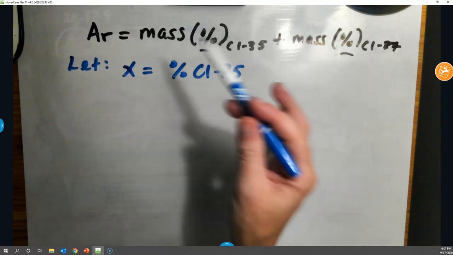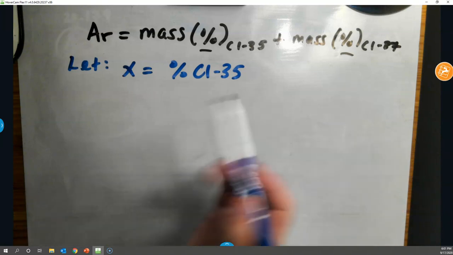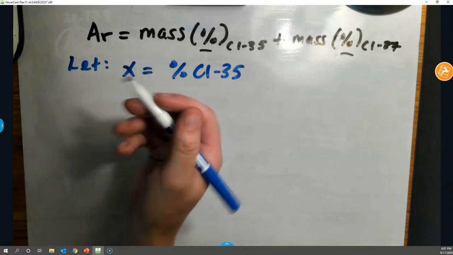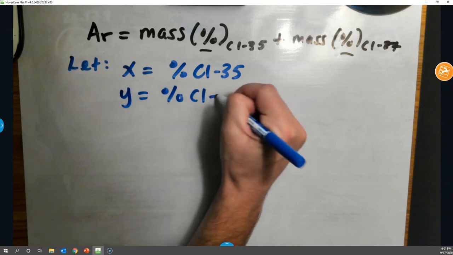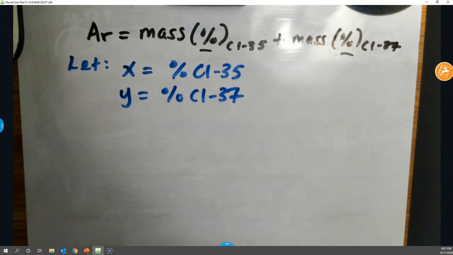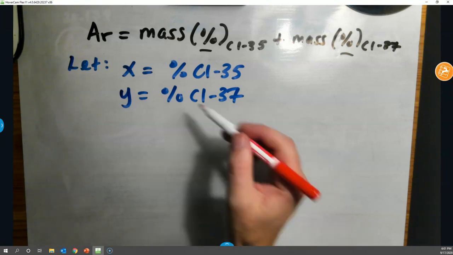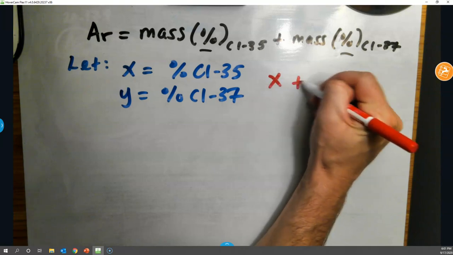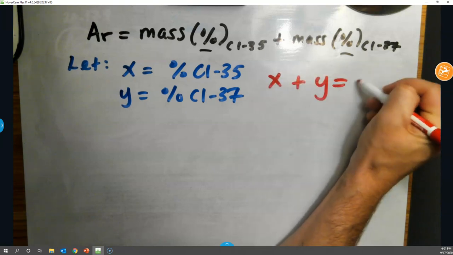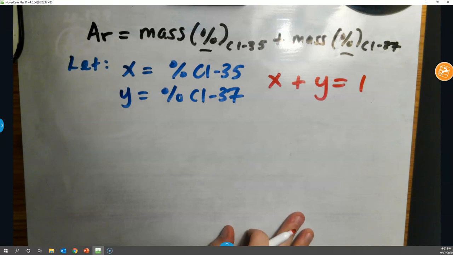In this case, they're always going to add up to 1 because we're using decimal percentages. So let's let y equal the percentage of chlorine 37. Now here's our first equation in our system of equations. Because these are percentages, we know that if you take variable x and add it to variable y, they're going to add up to 1.